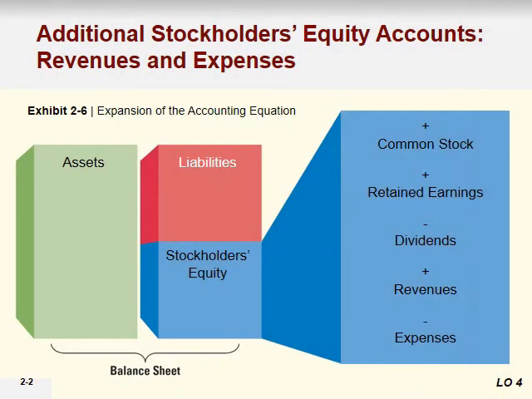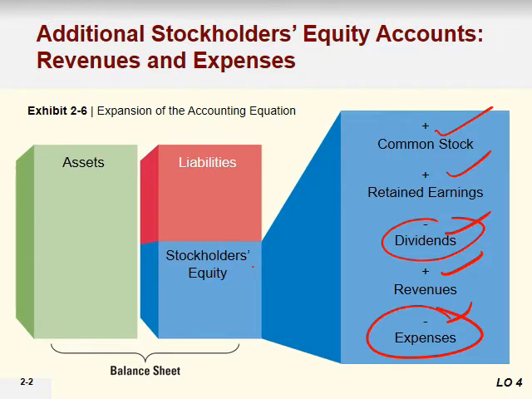So here, the equity account includes common stock, retained earnings, dividend, revenues, and expenses. Revenue will increase the stockholder equity, dividend will always decrease the stockholder equity, and expenses always decrease the stockholder equity.